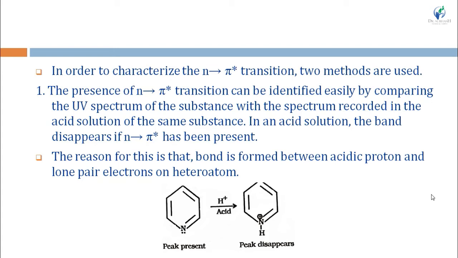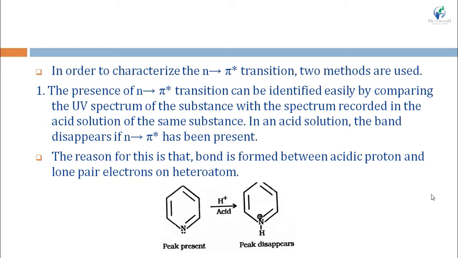Because in acidic condition, the lone pair of electrons forms a bond with the proton present in the acid, so the lone pair is not available for transition. So in acidic condition, the peak or band due to n to pi star transition does not exist in the absorption spectrum. Here the example of pyridine is taken.